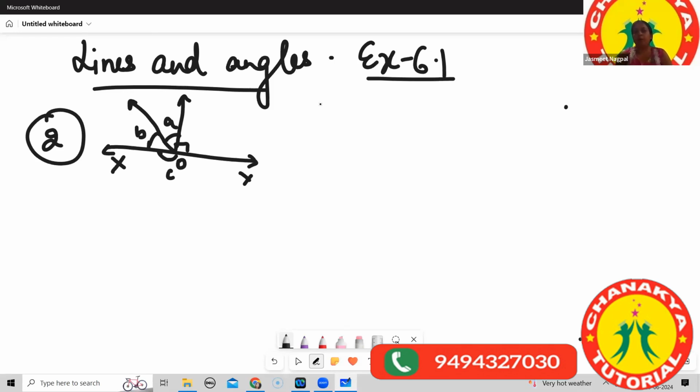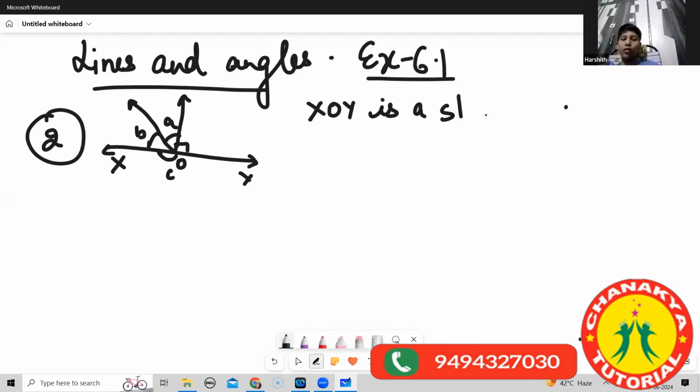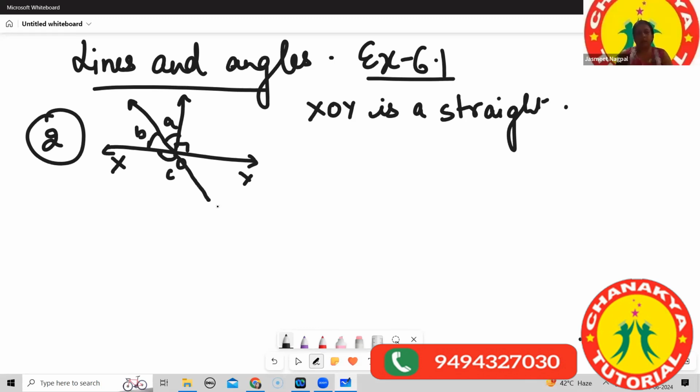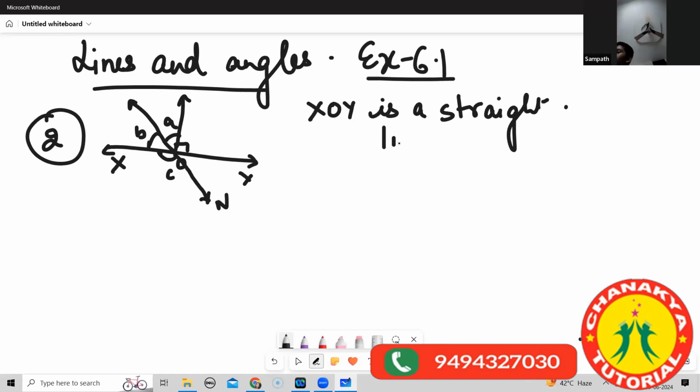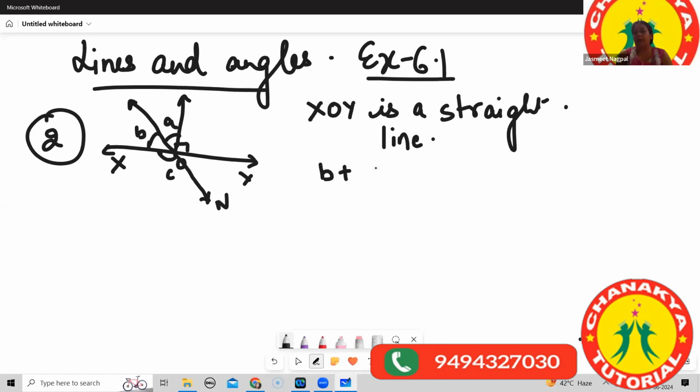Now, first of all, what you will write? XY is a straight line. Ma'am, actually in the diagram you have to extend the ray backwards, one ray. Yes, yes, it is in N, right? Yes, ma'am. Okay, XY is a straight line. After that, there are three angles in a straight line. What are the three angles? b, a, and 90 degree.